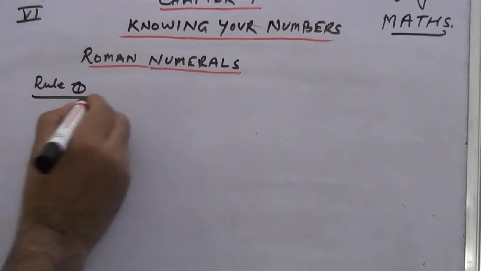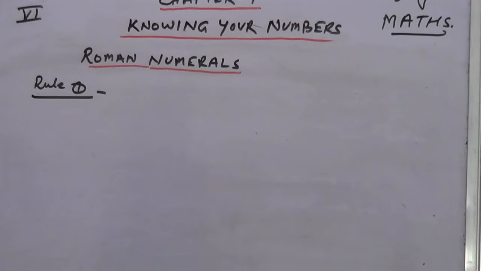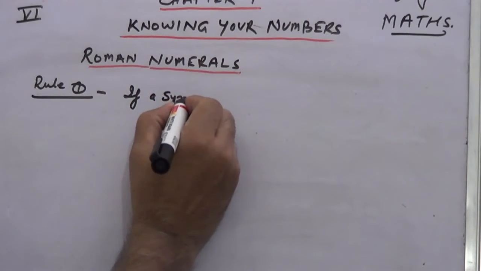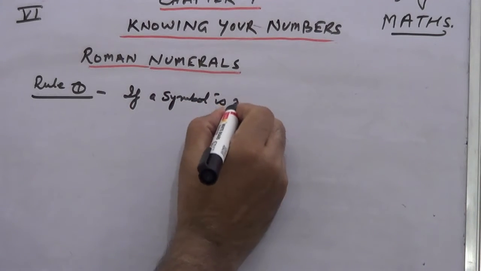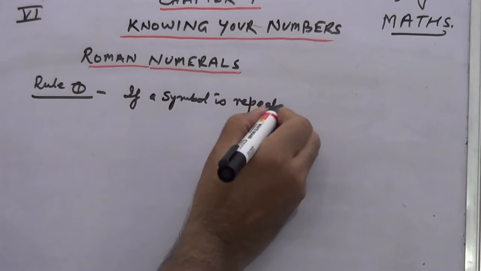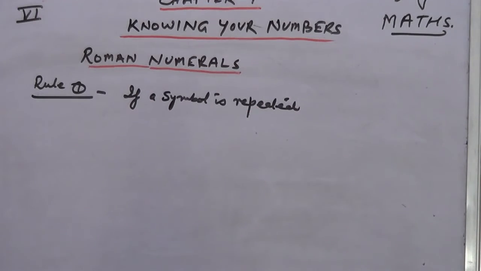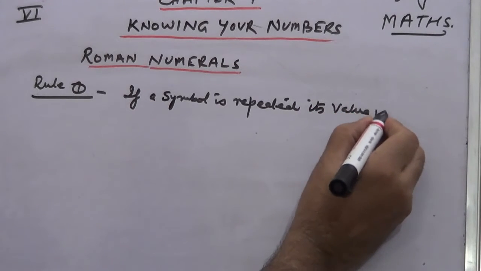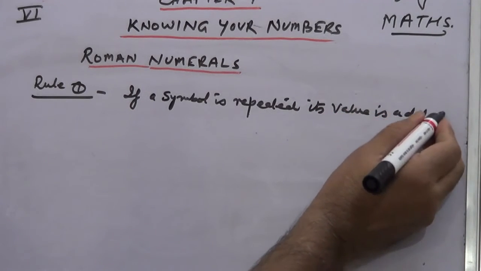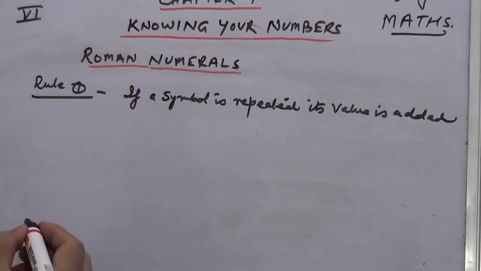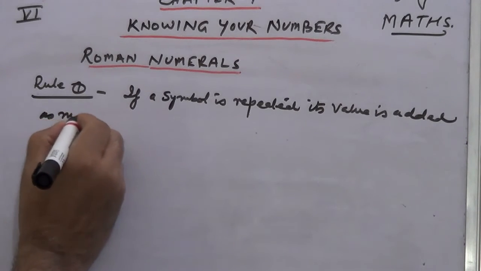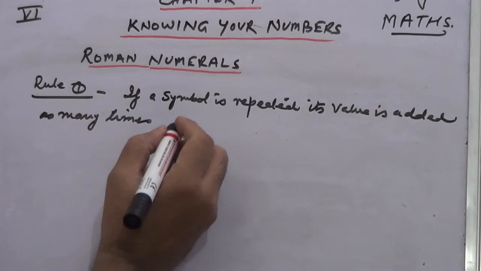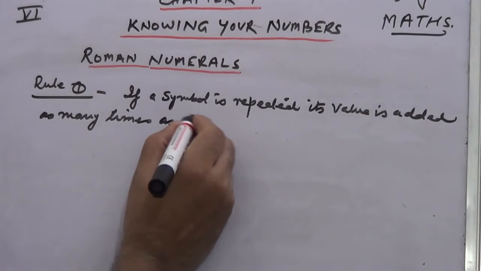Rule 1 for these numbers is, if a symbol is repeated, its value is added as many times as it occurs.